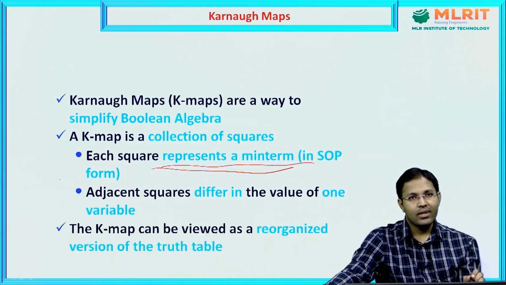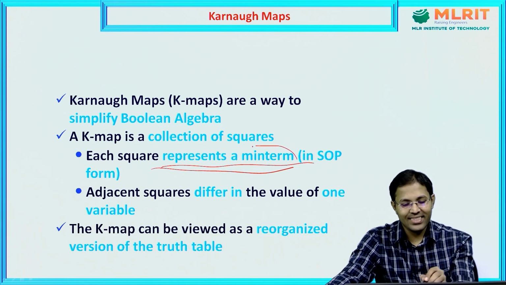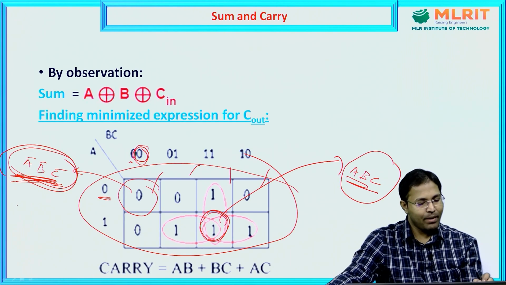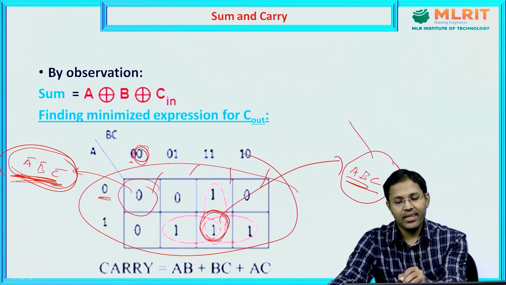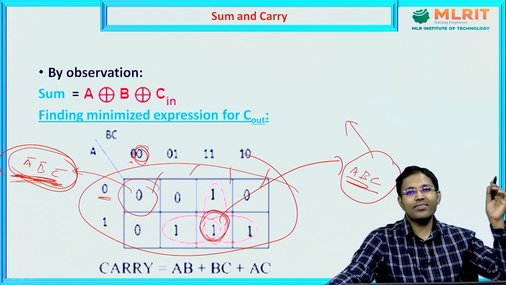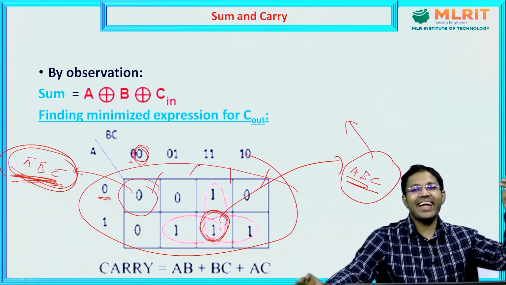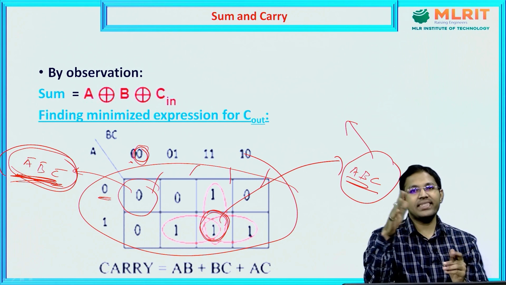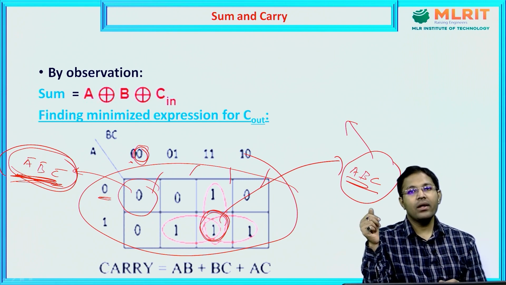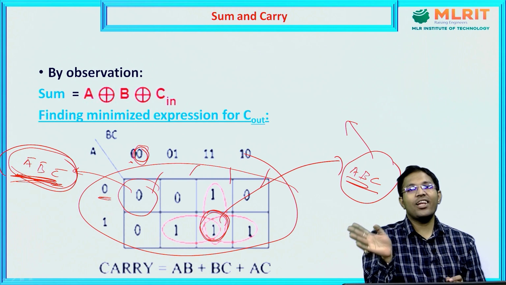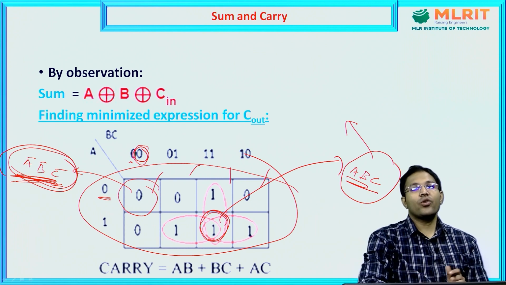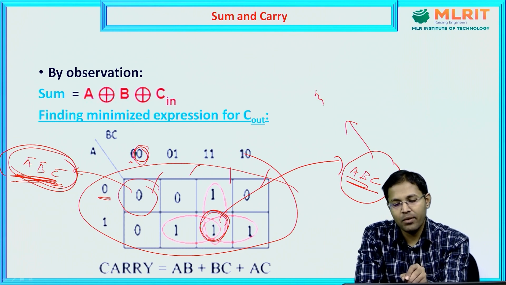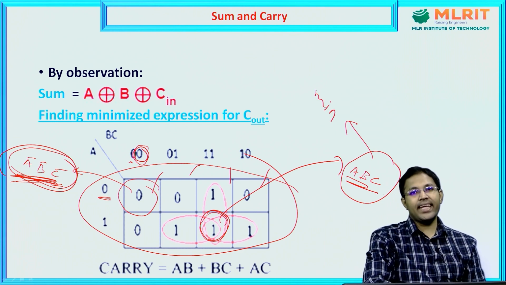Now let us see why it is called a min term. For A, B, C, the possible values can be 0 or 1. A can take value 0, A can take value 1, likewise with B and C. Now when you multiply any value with 0, you are going to get 0. So this product will give you the minimum of the 3.